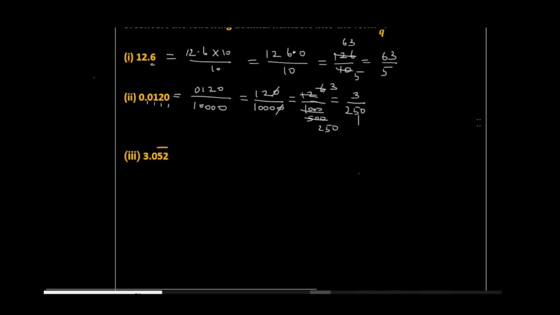Look at the next question. What is that? 3.0525252 etc. Here one decimal digit is non-repeating and two decimal digits are repeating.